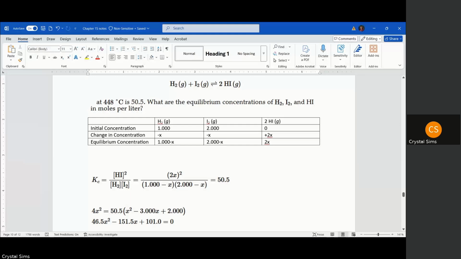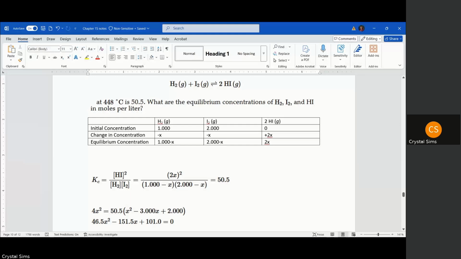Okay. And the same thing here. We don't know how much it's going to decrease by. It's going to decrease by some amount. And we know that our product, our HI, is going to increase by some amount. Well, it's going to increase by the same amount that our reactants decrease, which is 2x.